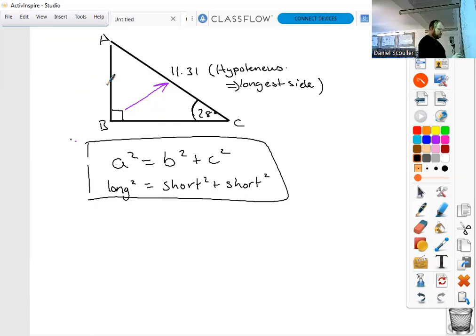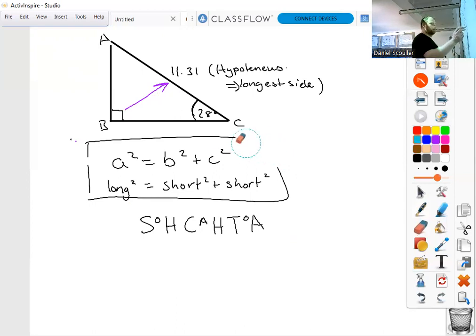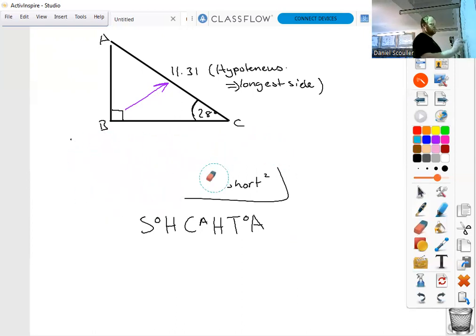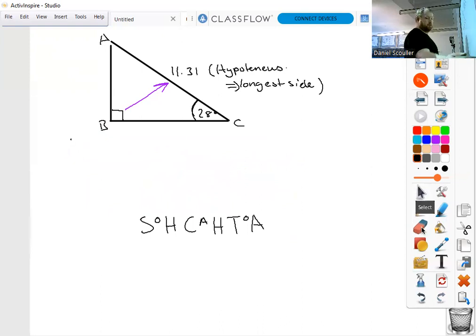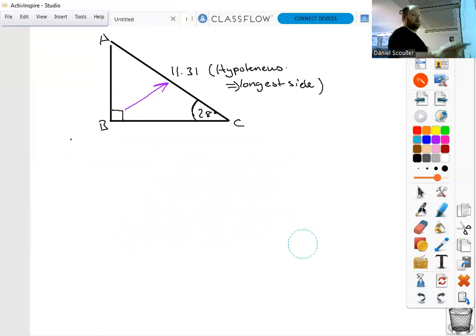Okay, what we need to use instead is our SOHCAHTOA rules. So I'll just remove that, and write it.